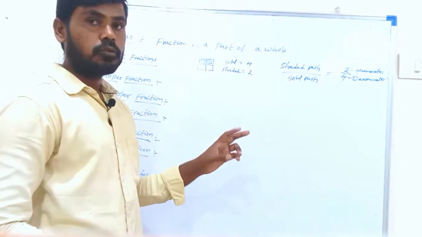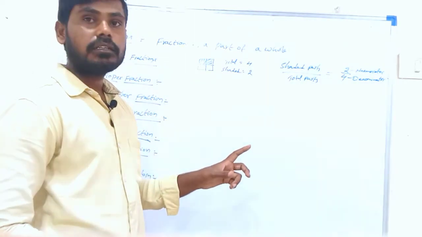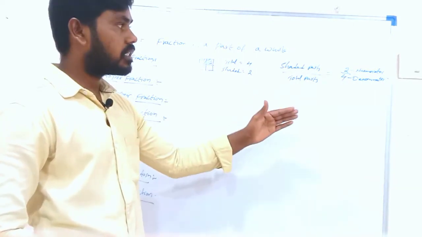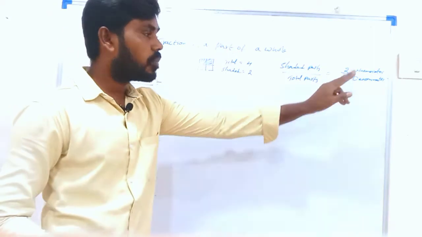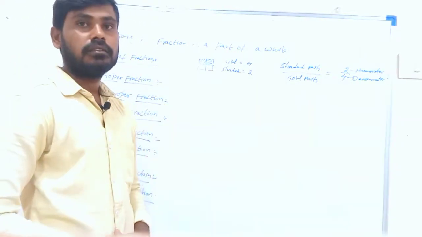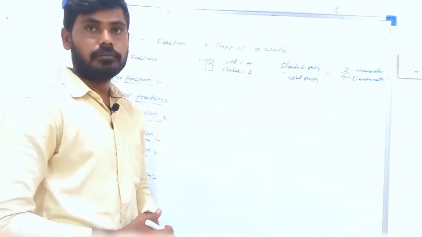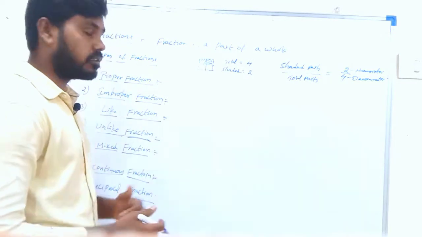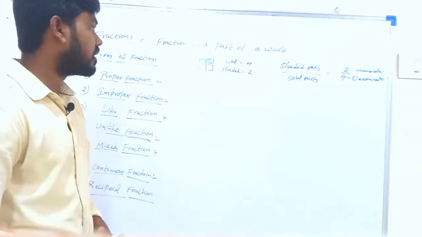The 2 numbers are separated by a line between them, the upper part is the numerator, and the lower part is the denominator. So we can express this in fraction form.